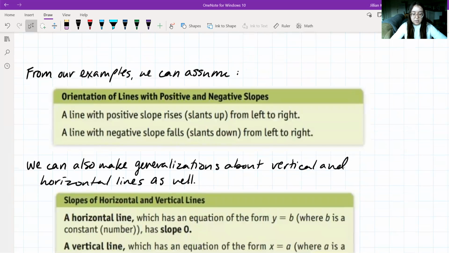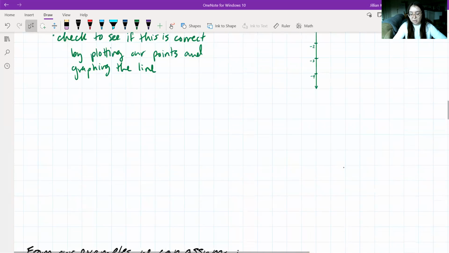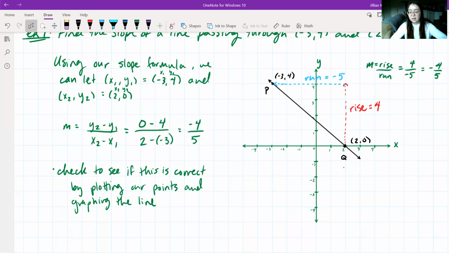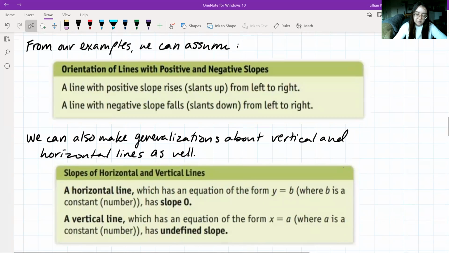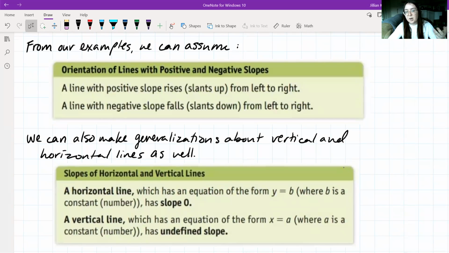But a line with a negative slope is going to fall or slant down from left to right. So in our problem that we just had, from left to right, we're going downward. So we can quickly identify whether our graph is either positive or negative by the way that it slants, or we'll know what our graph will look like based on if our slope is negative or positive.